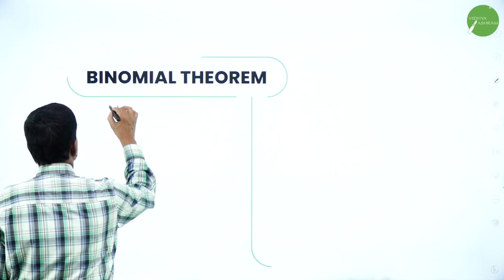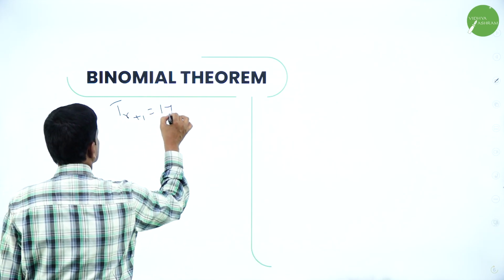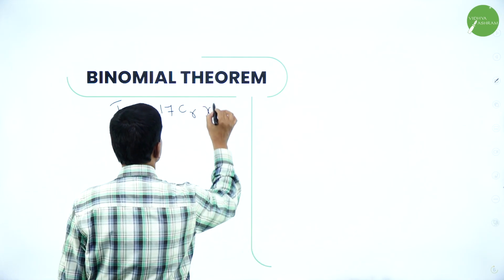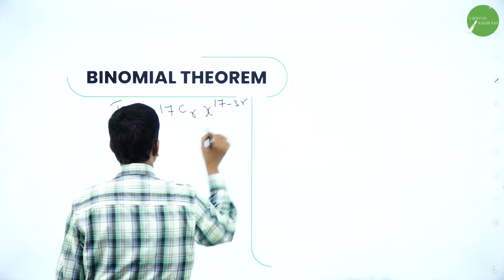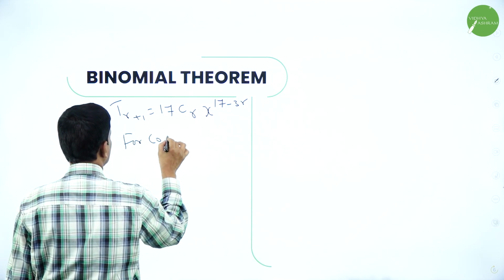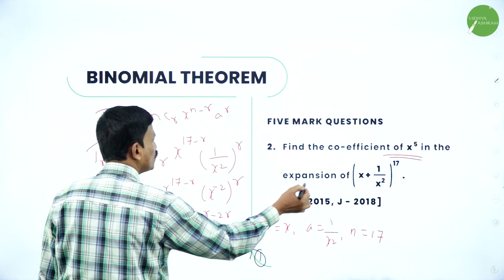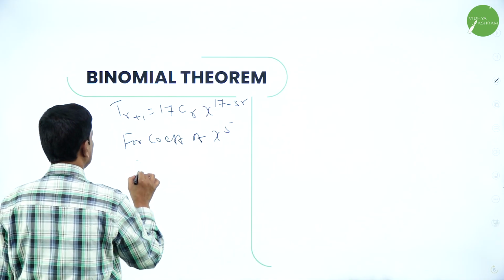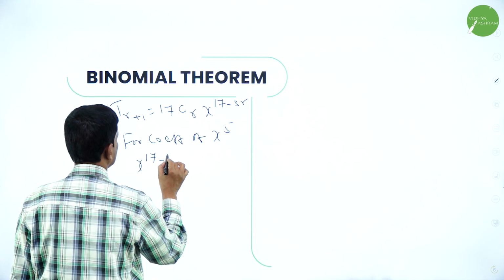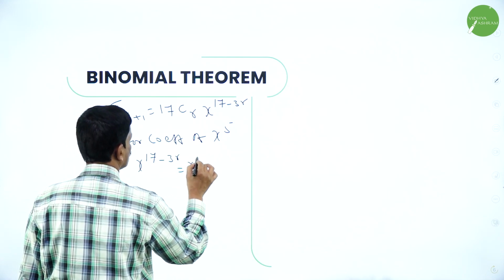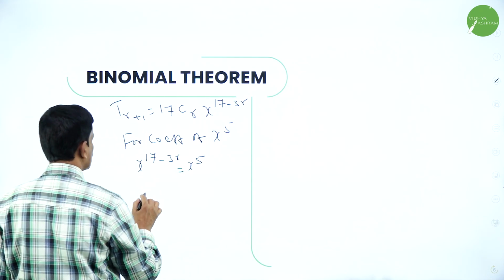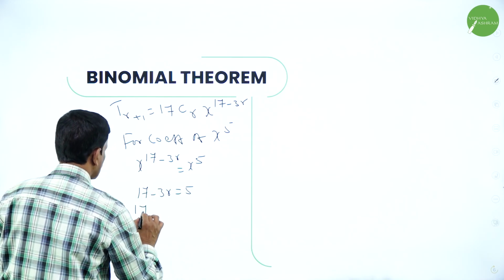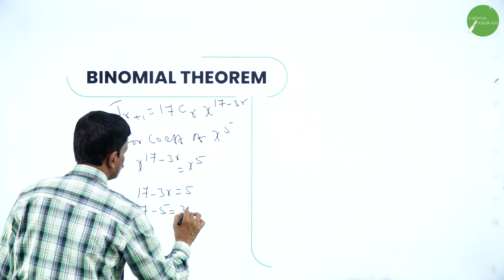Now for the coefficient of x raised to 5, equate this. x to the power of 17 minus 3r is equal to x to the power of 5. So bases get cancelled. 17 minus 3r is equal to 5, or 17 minus 5 is equal to 3r.